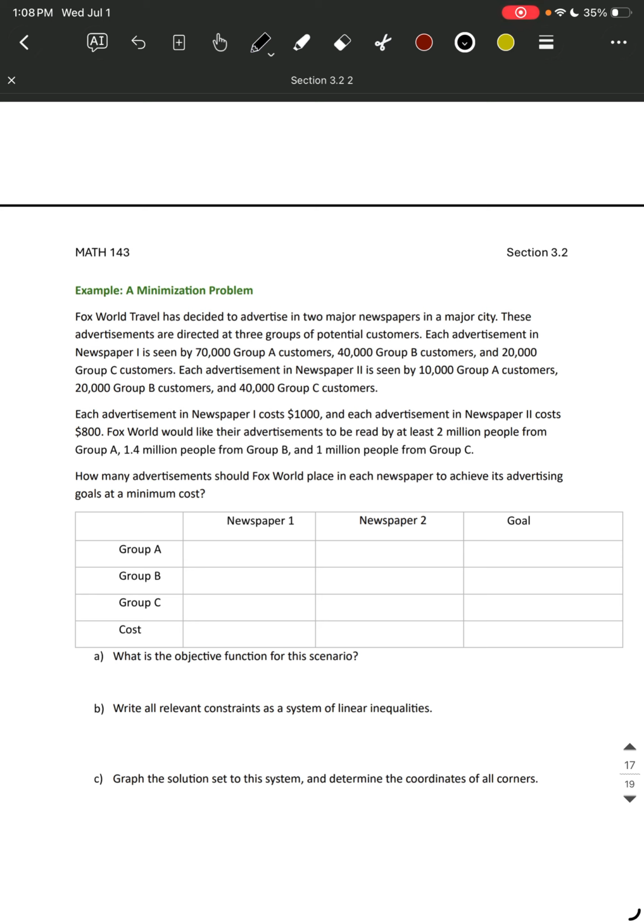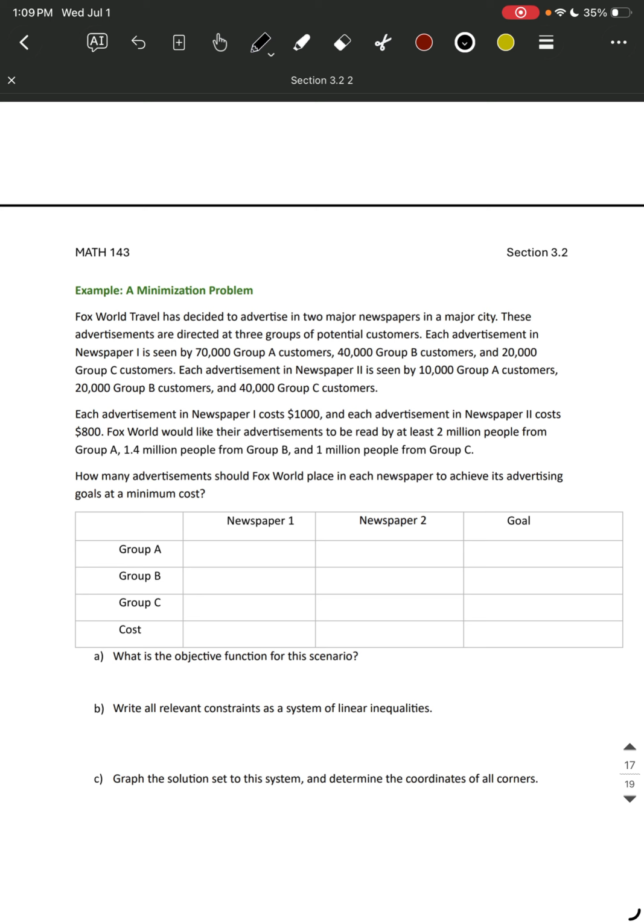These advertisements are directed at 3 groups of potential customers. Each advertisement in newspaper 1 is seen by 7,000 group A customers, 40,000 group B customers and 20,000 group C customers.